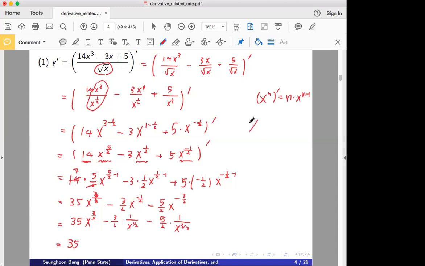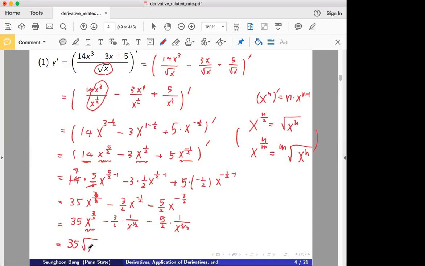So one example, x to the n over 2. How can you change it? Yes, square root, you're right. This is like the square root of x to the power n. For x to the power n over m, you can change it to the mth root of x to the power n. So this is the first one. Exactly, you're right.